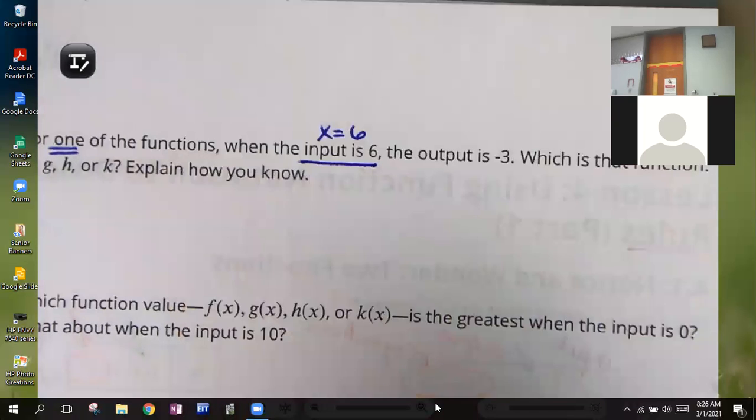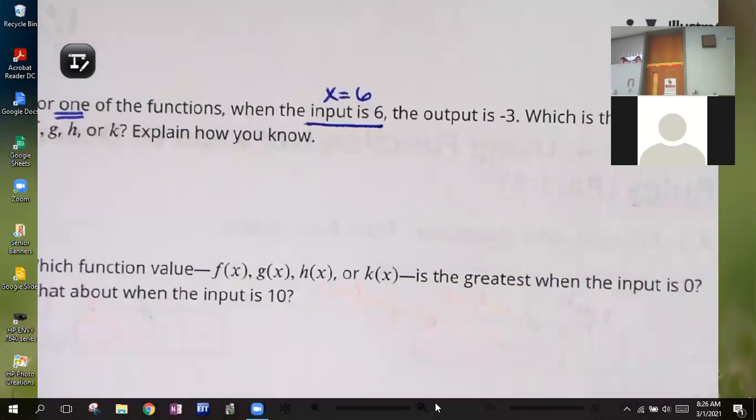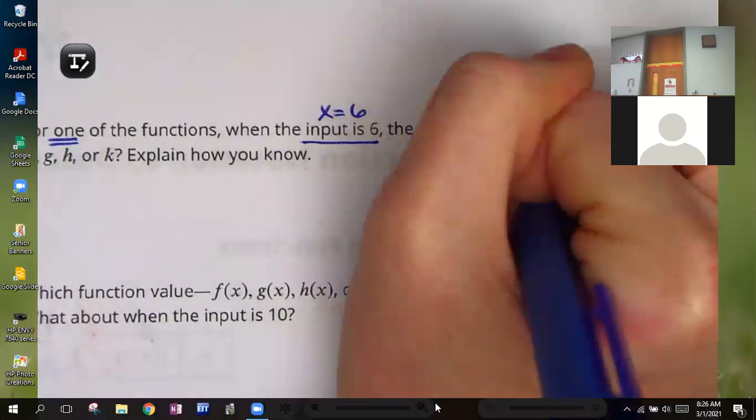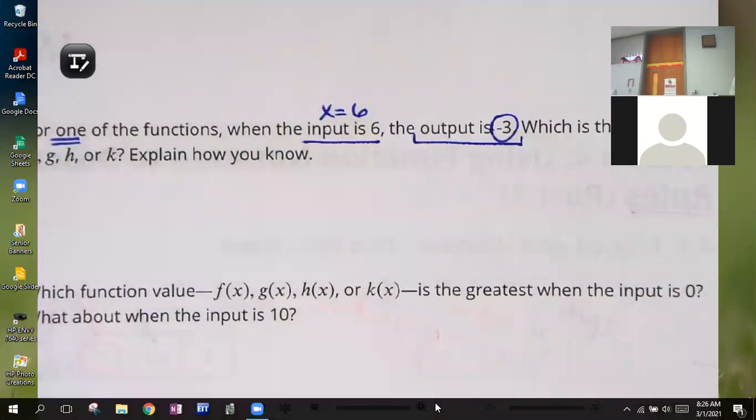So x equals 6. So when we take 6 as our input for one of those functions, we want to find the one that produces an output of -3. All right, which is our y value. So it says, which is that function, f, g, h, or k?